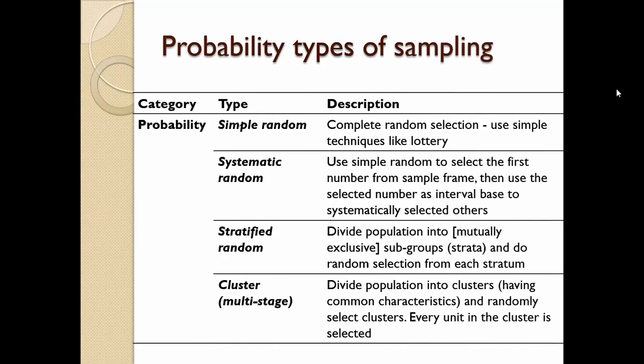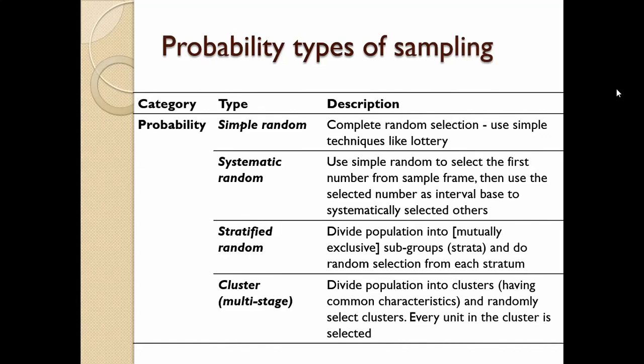Then you have systematic random, which uses a simple random technique to select the first number from a sampling frame. A sampling frame is a list with the total population.